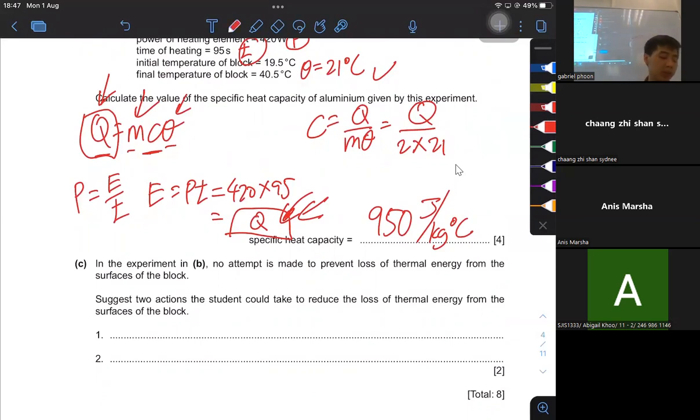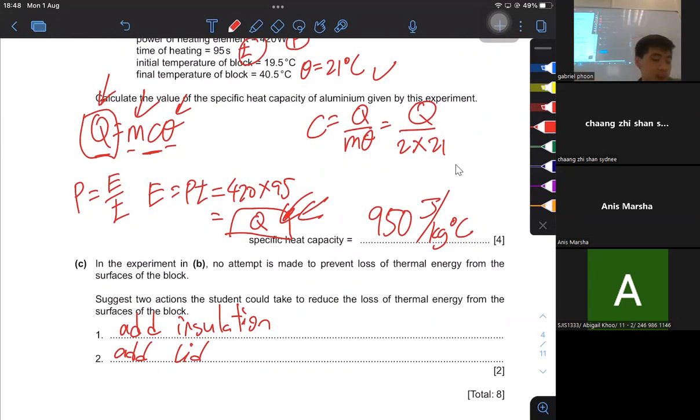And if you want to reduce the heat energy loss, it's always a standard two answers, which is to add insulation onto whatever the thing is, in this case the aluminum cylinder, and of course add a lid on top of it, an insulation lid, which is essentially preventing convection occurring, guys. So these are your two standard answers which you must know for sure.